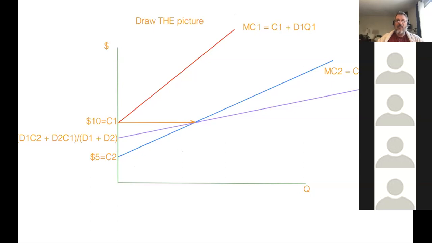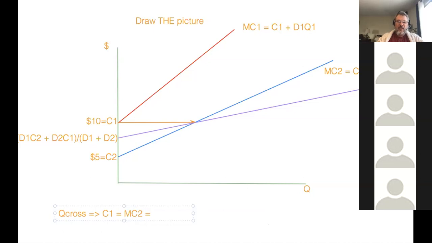And then the other thing is that if you want to know where the joint marginal cost function crosses the marginal cost of the low cost firm or the low cost plant, well then notice that I can set, and I'll write it down here, I'll call it Q cross, right, for the crossing point is defined by where C1 is equal to MC2, right?